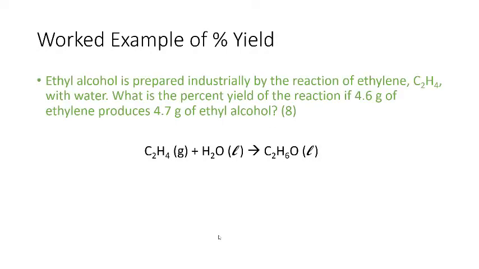So let's work through an example of a percent yield problem on the board together. Ethyl alcohol is prepared industrially by the reaction of ethylene, which is C2H4, with water. What is the percent yield of the reaction if 4.6 grams of ethylene produces 4.7 grams of ethyl alcohol?